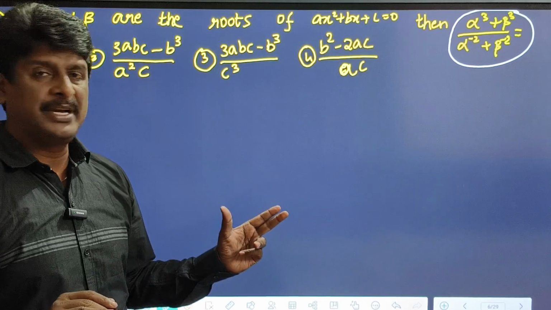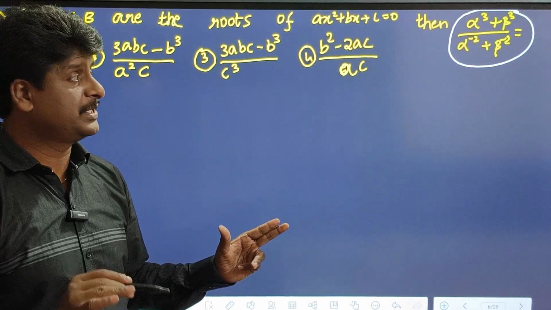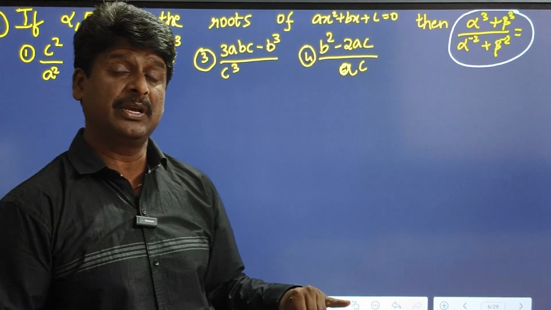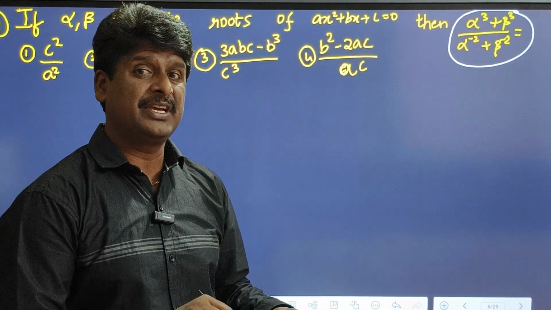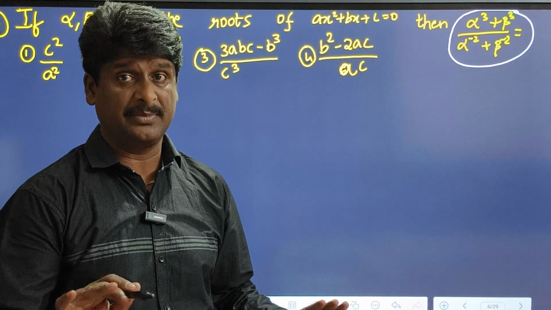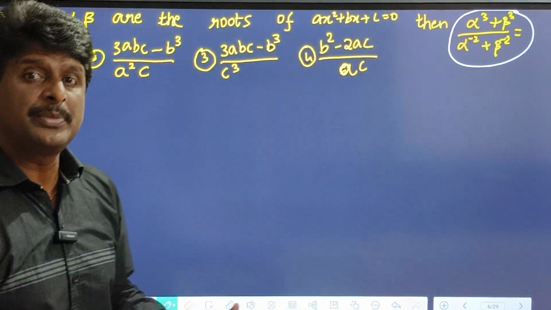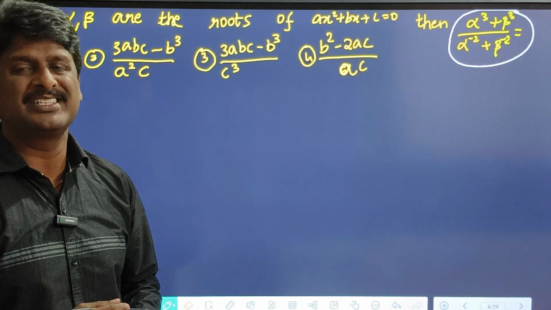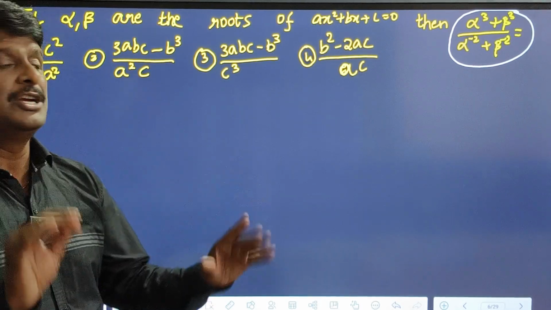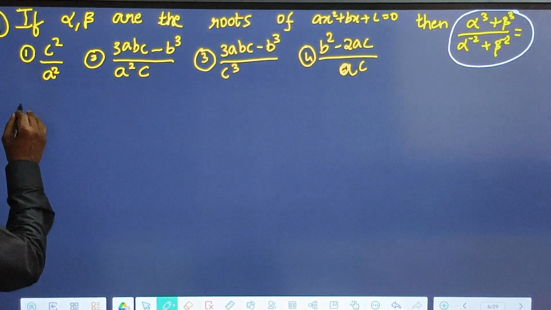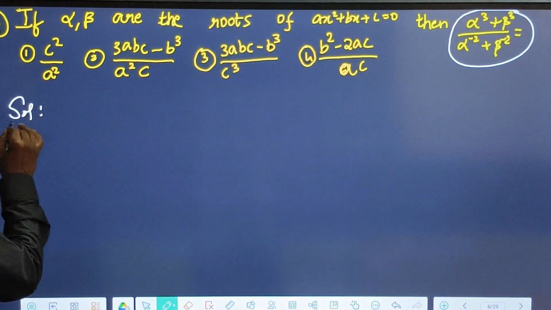The denominator alpha power minus 2 plus beta power minus 2 can be written as 1 by alpha square plus 1 by beta square. By taking LCM, we get alpha square plus beta square by alpha square into beta square in the denominator. So there we need to remember the alpha square plus beta square formula also. It's not easy. That's why to do such problems, there is a simple shortcut.